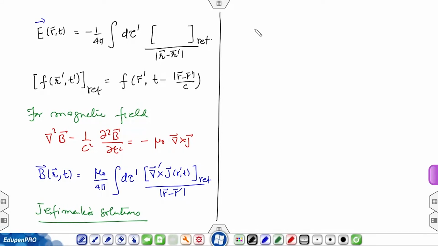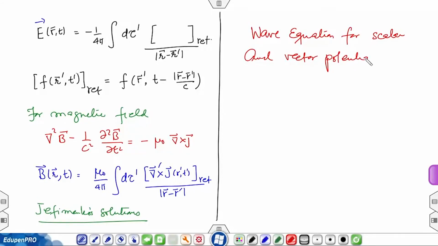So, we are going to focus now on the wave equation for scalar and vector potentials. And to keep symmetry, I am going to work in Lorentz gauge.